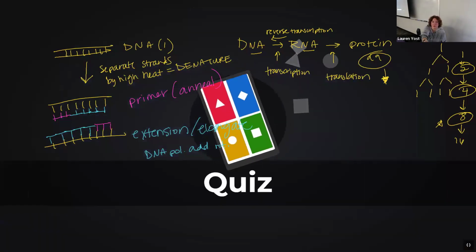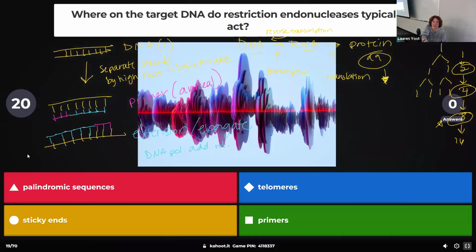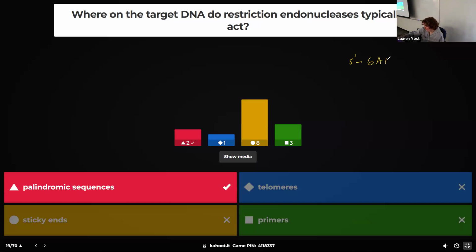Good job. Next question. Where on target DNA do restriction endonucleases typically act? Restriction endonucleases. This is a different concept in chapter 8. All right, so restriction endonucleases.